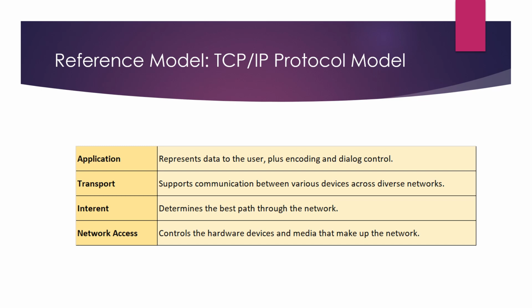And we saw that the network layer is called differently, it's called internet here in this model. We also saw that the data link and the physical layers of the OSI reference model are merged into the network access layer in the TCP/IP protocol model. And we will discuss the comparison between those 2 models in the next slide.